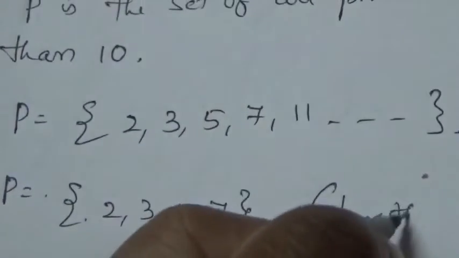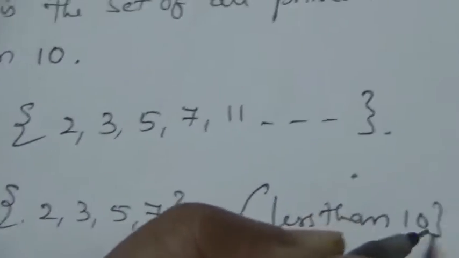Because less than 10. So what is the third sum? X is the set of all colors of a rainbow.